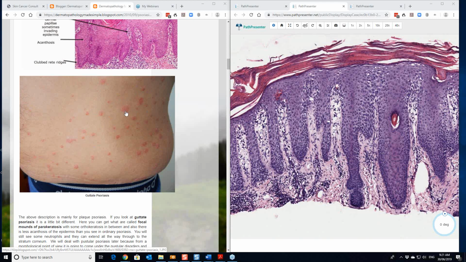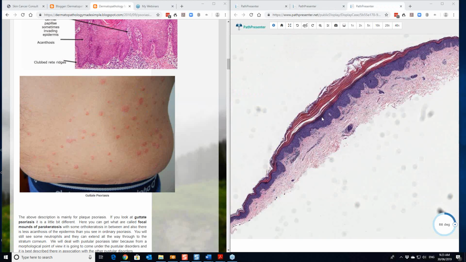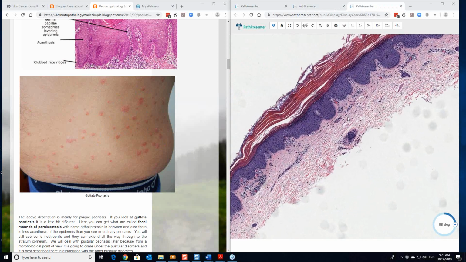Let's see, though, how guttate psoriasis differs histologically from normal psoriasis vulgaris. This is the histology of guttate. So you can imagine one of these lesions perhaps being shaved like this. This is the area of the scale corresponding to this. There's the normal epidermis, and then there's this area here. You can see there's a degree of acanthosis, but it's not the same marked elongation that you get in psoriasis vulgaris.